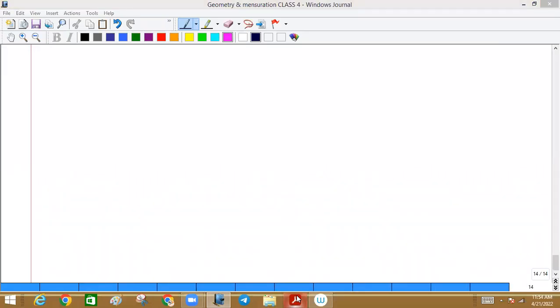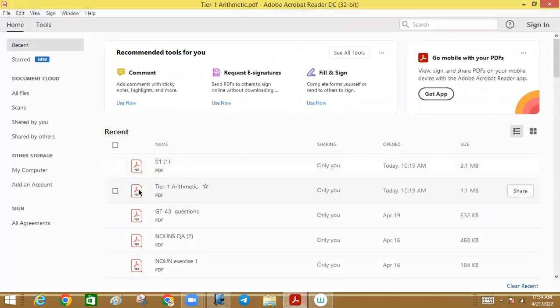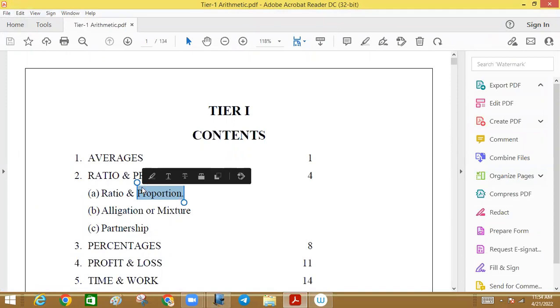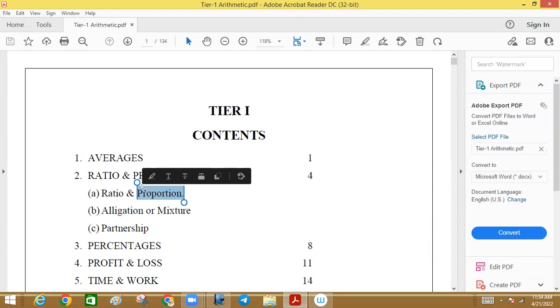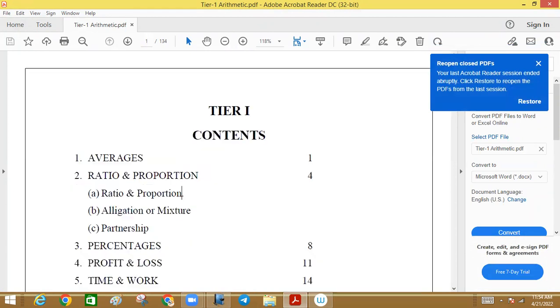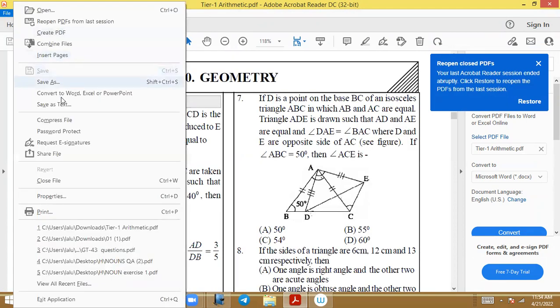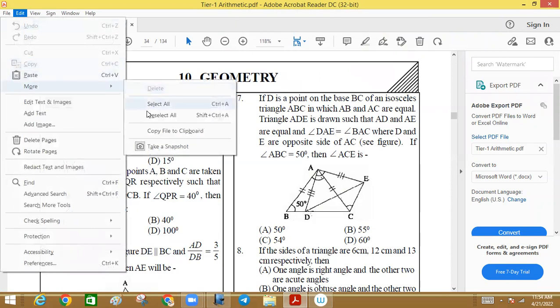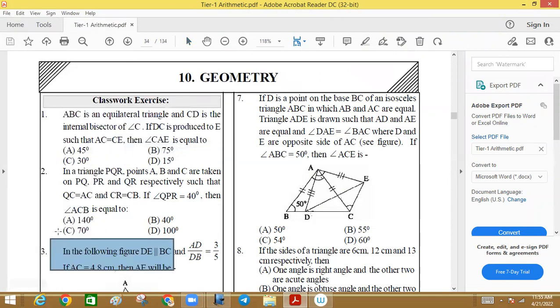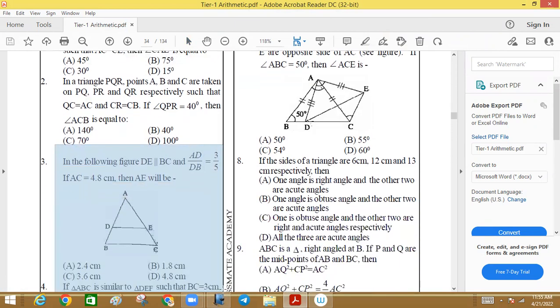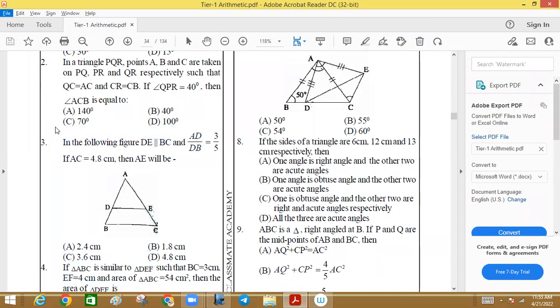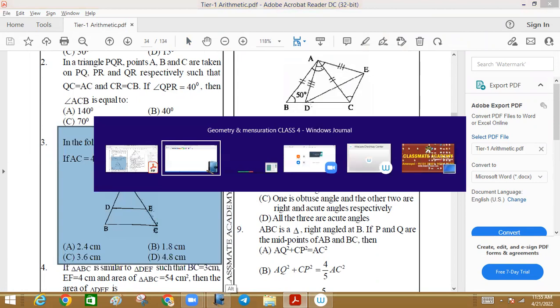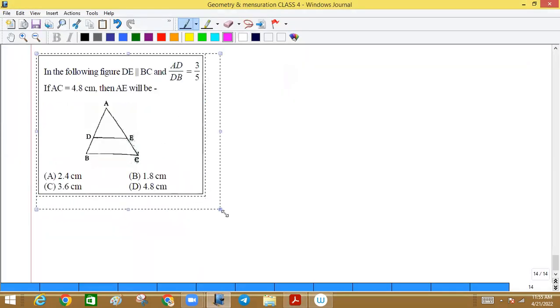Look at the third question. Question number 3.